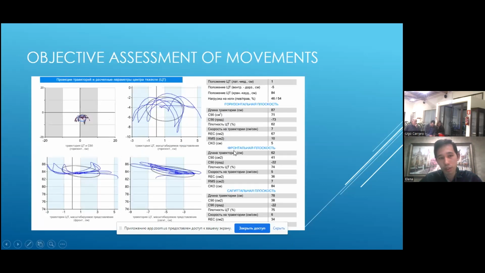And for assessment of movements, we can see graphic pictures of movement in three different planes: horizontal planes, vertical planes, and sagittal planes. So we can see trajectory, speed, angle, and so on.